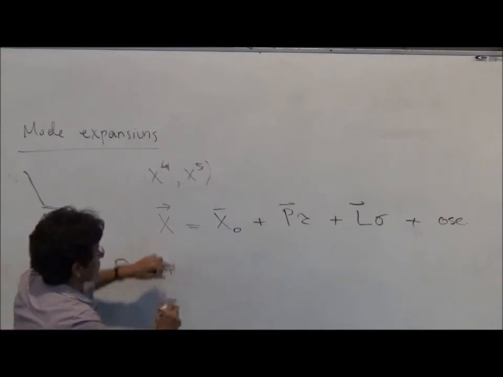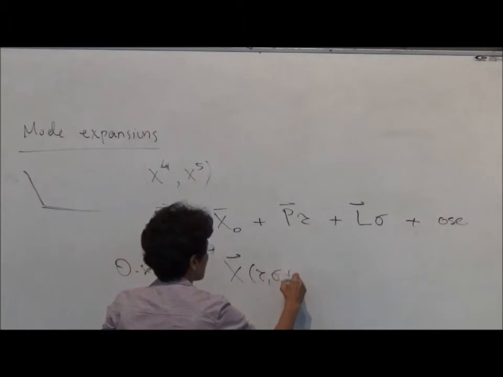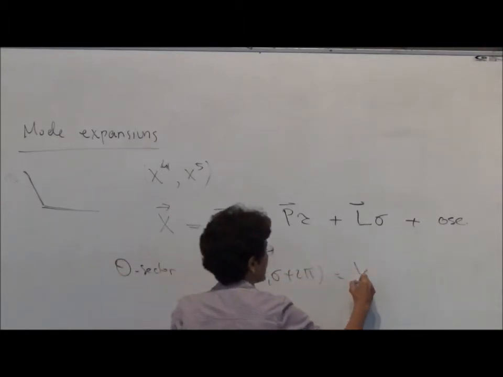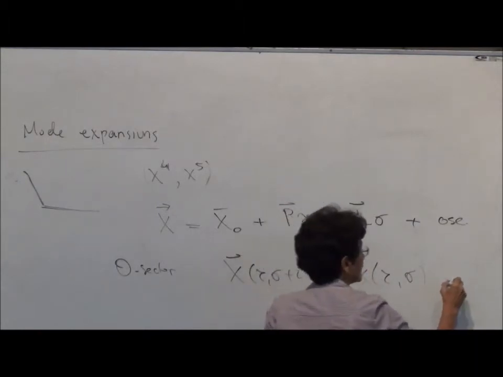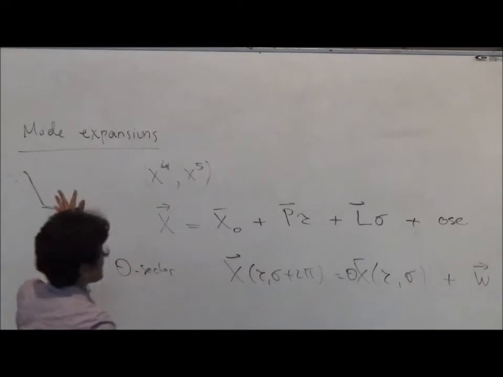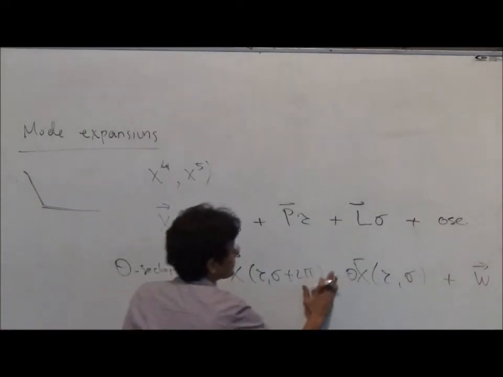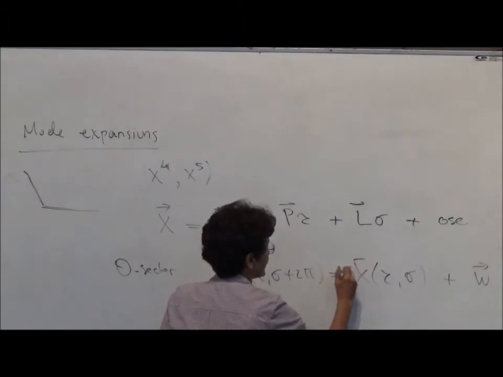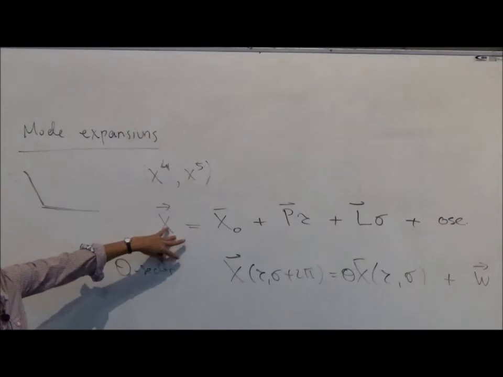Now, in the theta sector, the boundary condition is that X of tau, sigma plus 2 pi equals theta X of tau, sigma, plus some vector that is in this lattice. So we can now do that.